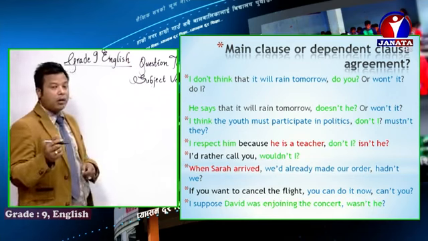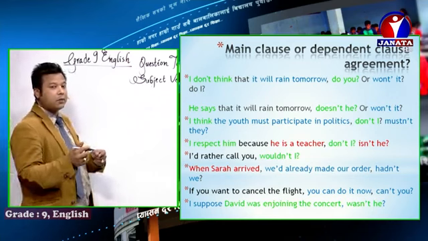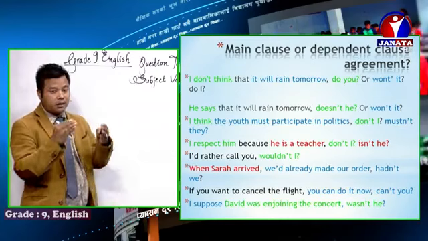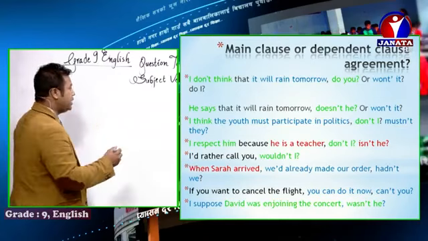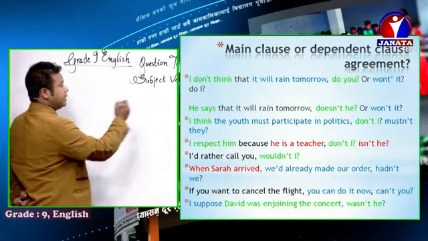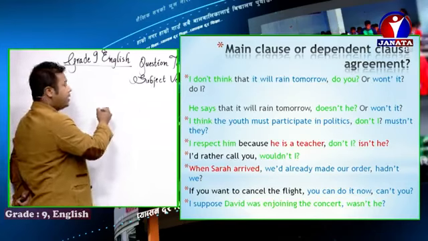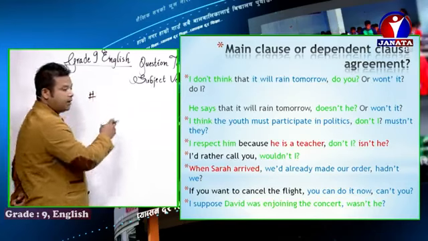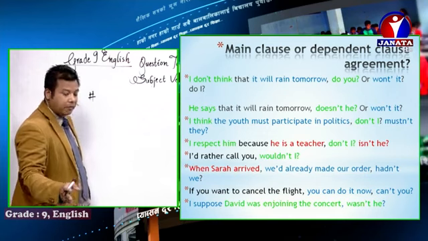Like a moment ago, while I was preparing for this class, I was in the reception and my eyes caught a news item that I was reading. Quite an interesting sentence. I will put that here and we'll discuss it, and then we'll go to the examples that I've brought for you.